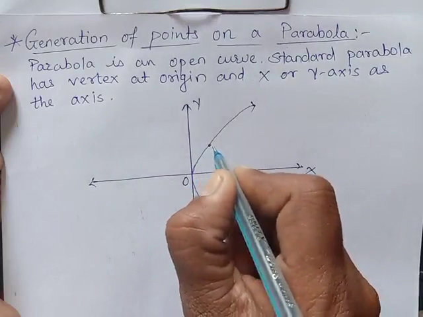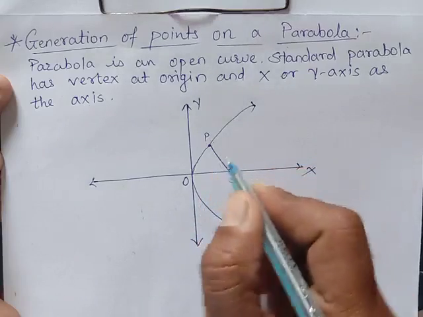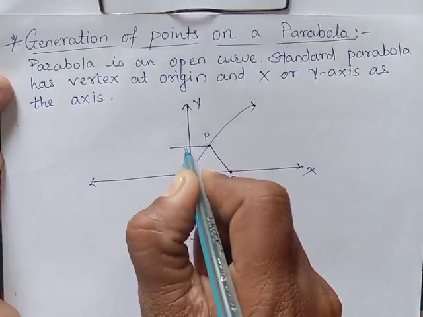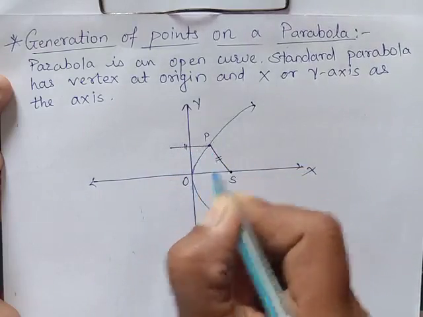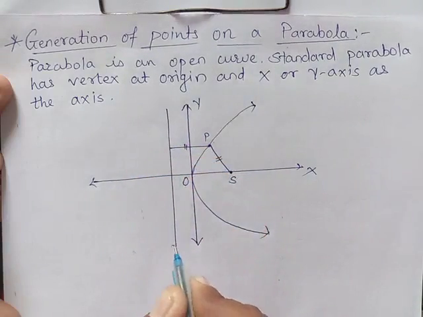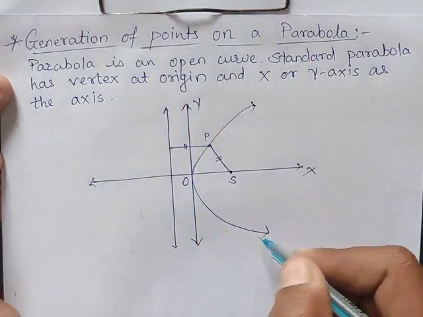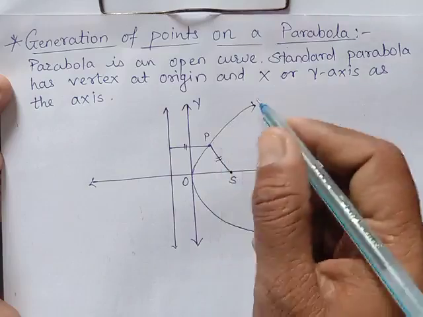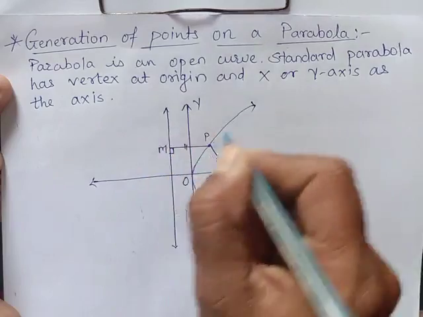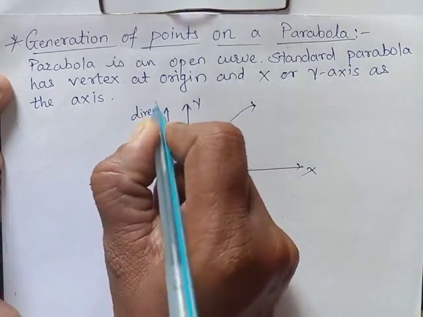Suppose this is the point P. So this distance and the same distance will be here. There will be a directrix of this parabola, a line which gives shape or direction to the curve. This is the directrix of this parabola.